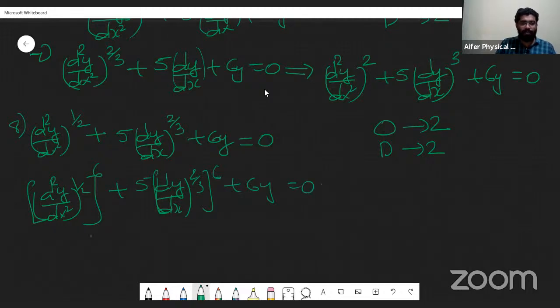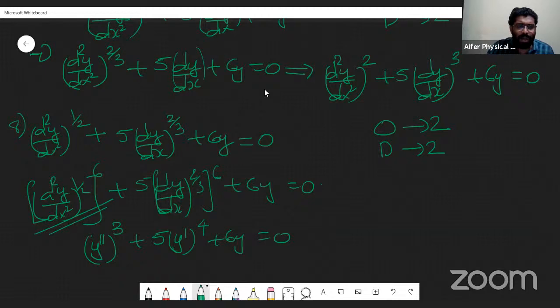So that gives you y double prime power 3, since 1 by 2 into 6 is 3, plus 5 y prime power 4, plus 6y equal to 0. You just look at the highest derivative term because we need only this term, provided all other terms are free from fractional powers. So here, the order is 2, the degree is 3. Okay. Hope that concept is very clear to you.